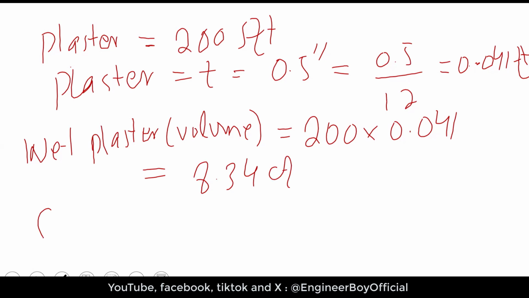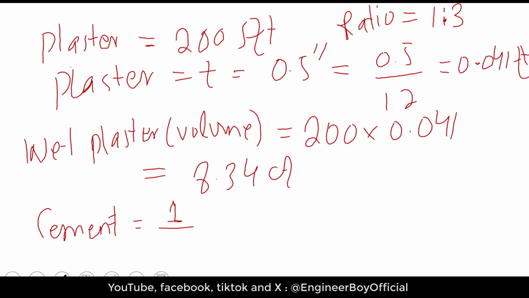Let's say the ratio for the same plaster is 1:3. Let's determine cement. Let me make it clear for the others. We take the ratio of cement, which is 1, and divide that by the sum of the ratio, which is 4, because 1 plus 3 is 4. Now let's multiply this with the dry volume.